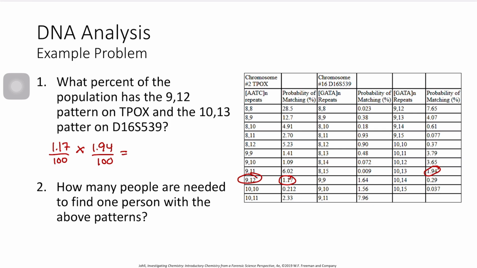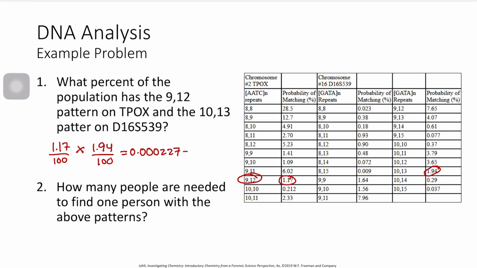So this is going to give me, right, I can do 1.17 divided by 100 and multiply that by 1.94 divided by 100. I get 0.000227. If we want to put that back in a percentage, we can just multiply it by 100.